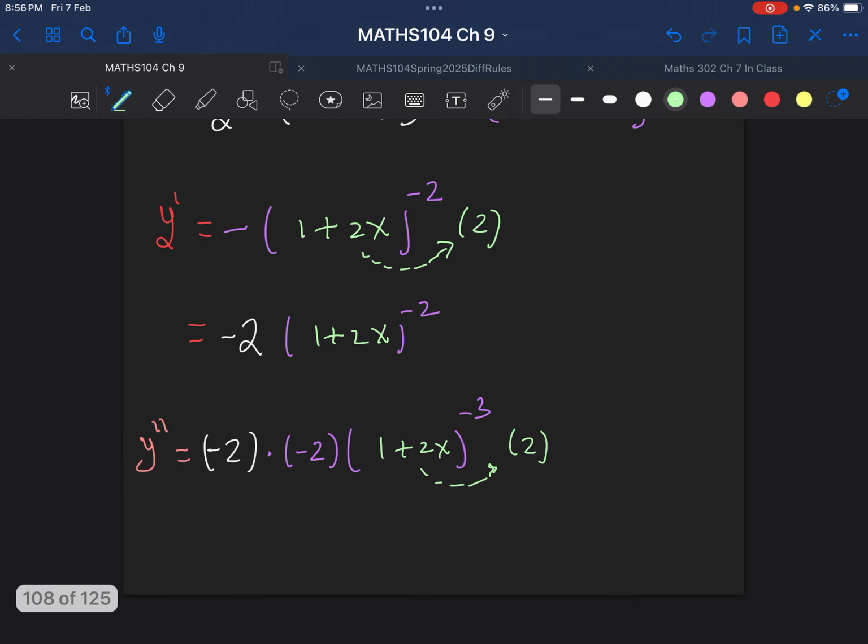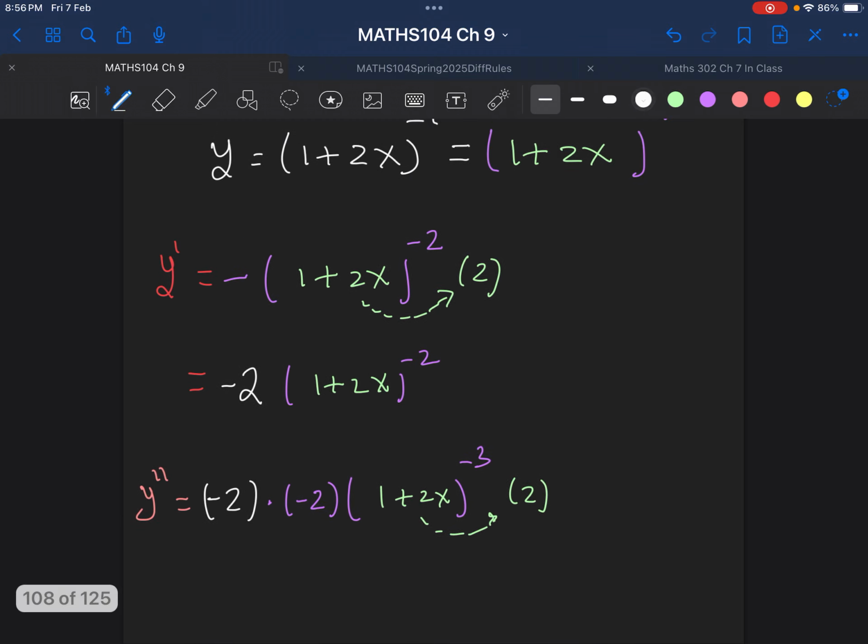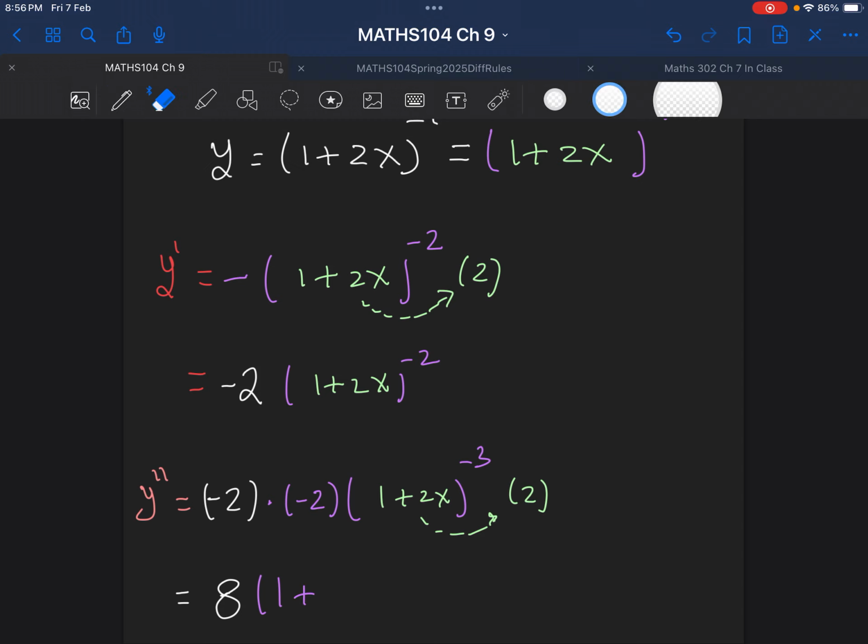And we just multiply by derivative of the inner. Now, if we combine all those numbers, it will be 8, (1 plus 2x) to the power of minus 3.